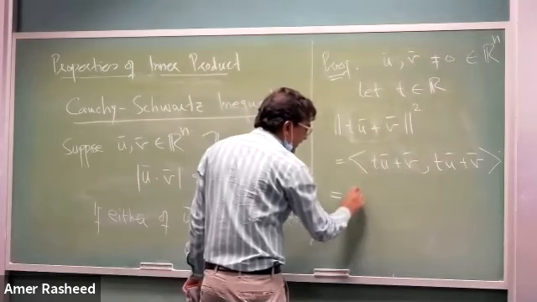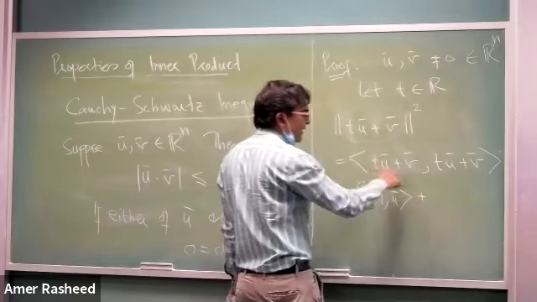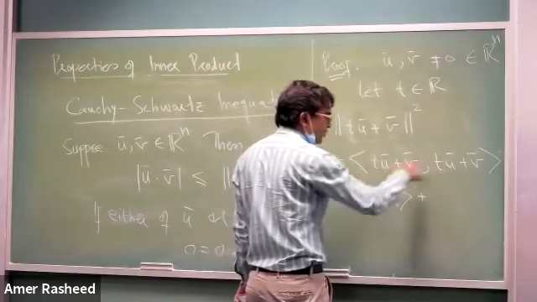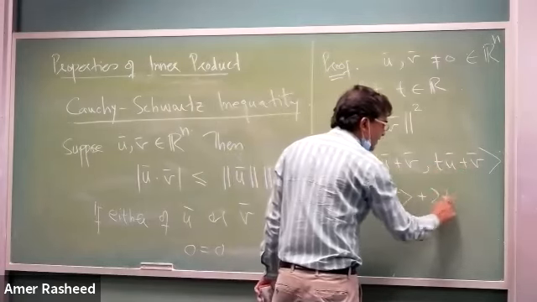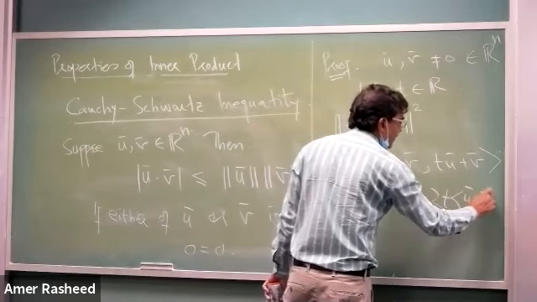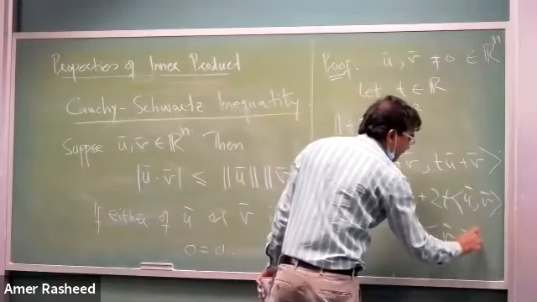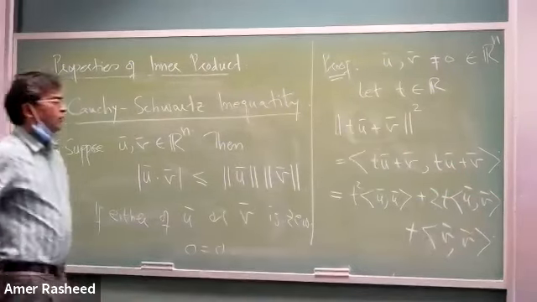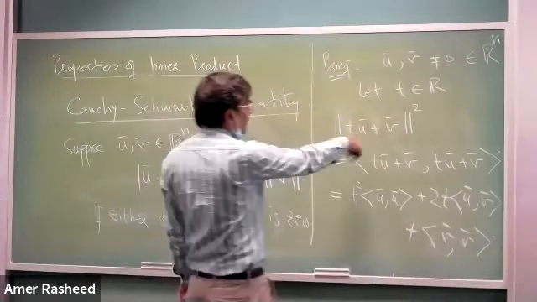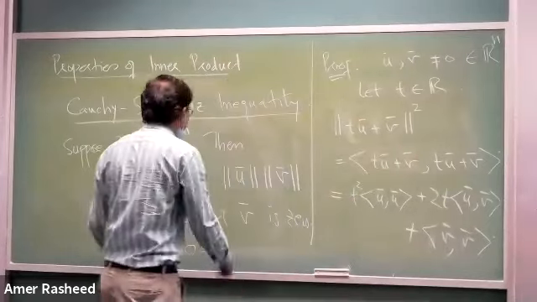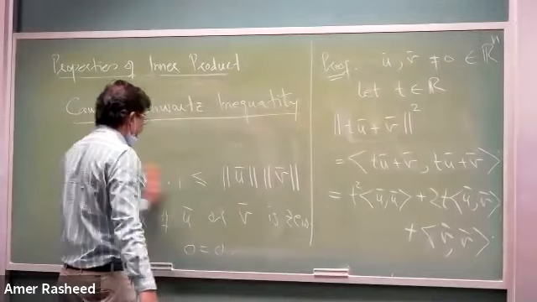What do we get here? t squared times the inner product of u with u, plus, applying this, then this with this and this with this, 2 times t times the inner product of u and v, and then plus the inner product of v with v. So this is what we obtain after taking the inner product of these two. Finally, remember that we have to prove this. We don't have much space, so I have to erase this.